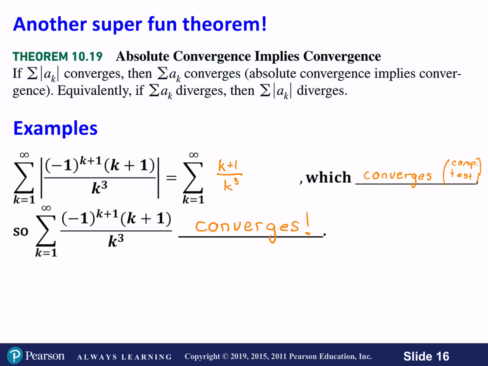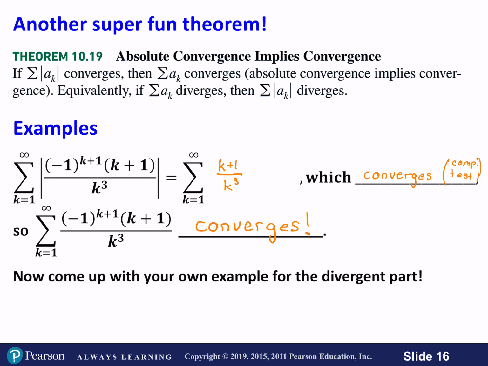Now we're going to come up with our own example for the divergent part. And basically just come up with your favorite divergent series that you can think of. So for example, sum from k equals 1 to infinity, negative 1 to the k times k, all over k plus 1.